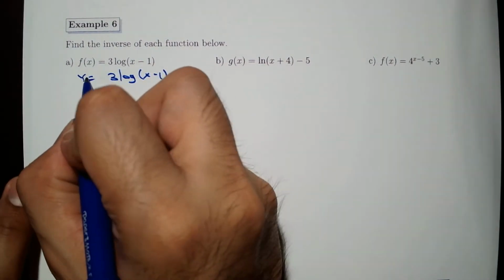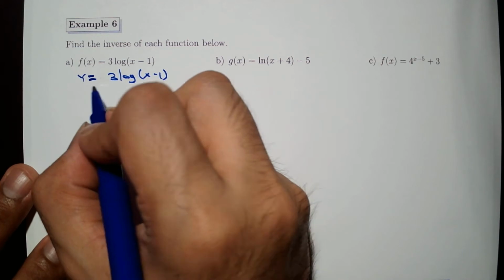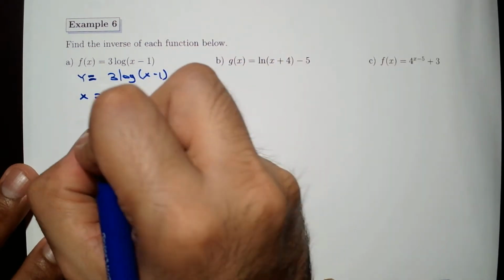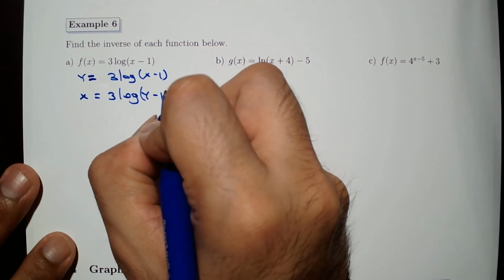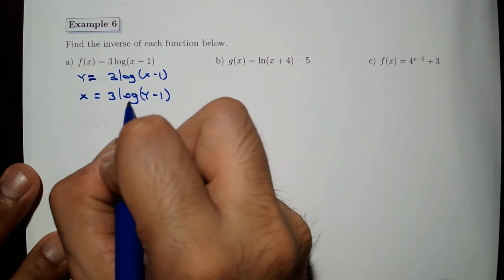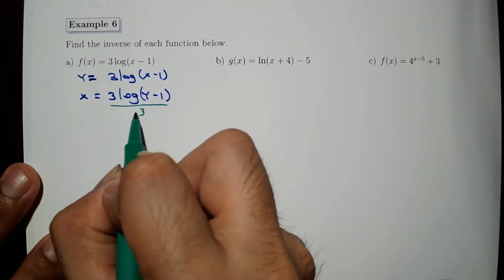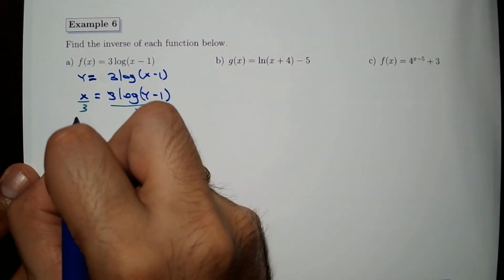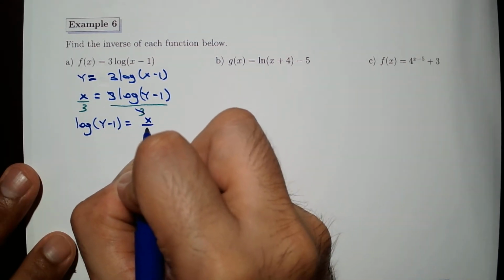The next step to find the inverse function is to interchange x's and y's, and then solve the equation for y. First of all, I need to isolate the logarithmic term by dividing both sides by 3. So they cancel, and I get log of y minus 1 equals x divided by 3.